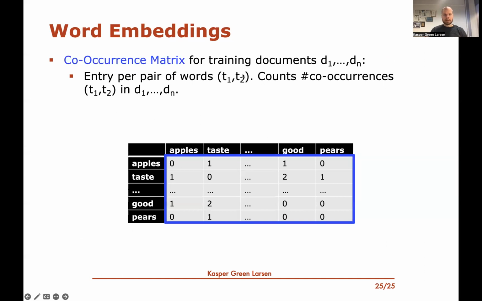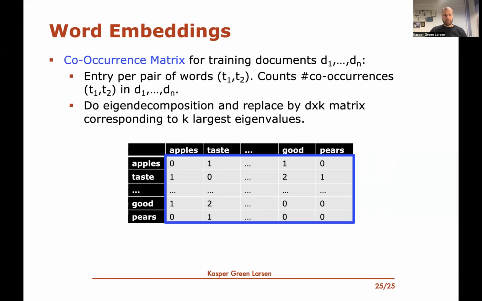Just to summarize what this co-occurrence matrix is doing for the training documents: you compute this matrix that stores counts, with an entry for every pair of words, counting the number of times there's a context window around each of the words where they both occur inside. Then we can do an eigendecomposition of this matrix.